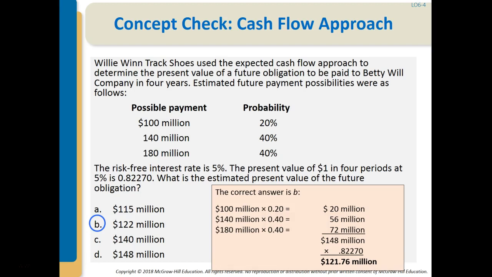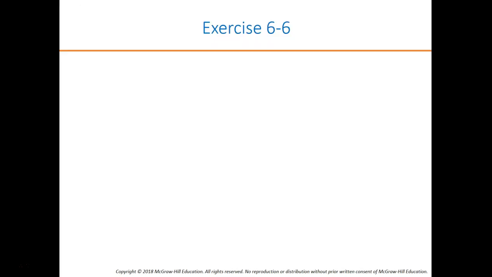That calculates out to a present value of 121.76 million, which rounded is 122 million, the estimated present value of a potential future obligation.